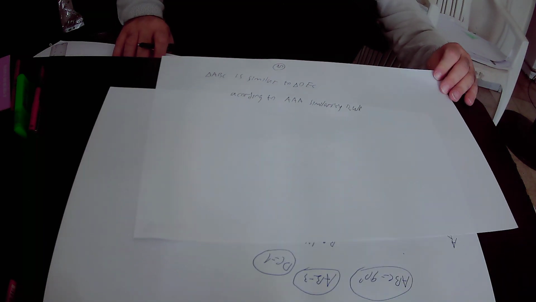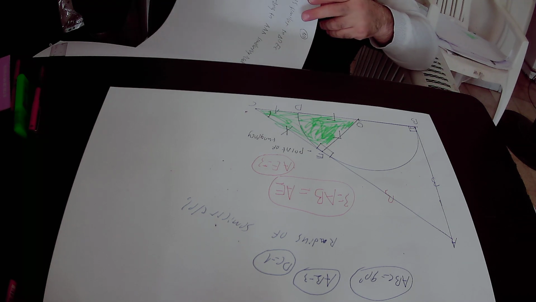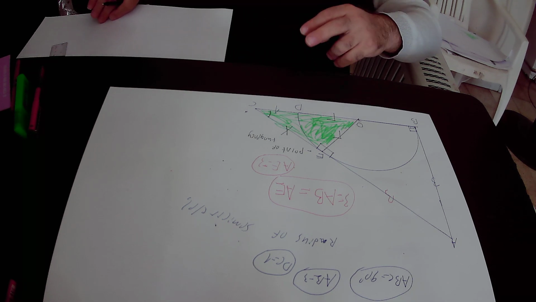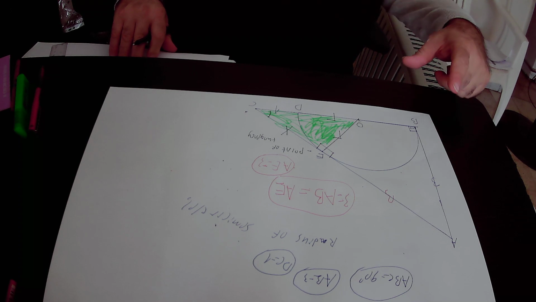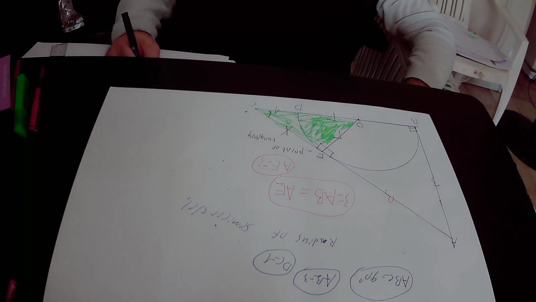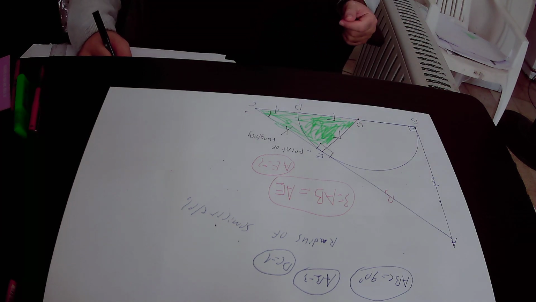And from the fact that triangle ABC is similar to triangle OEC, the green triangle, we will conclude that AB over AC equals OE over OC.